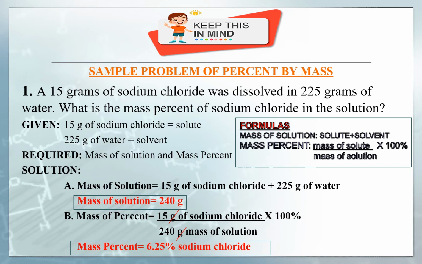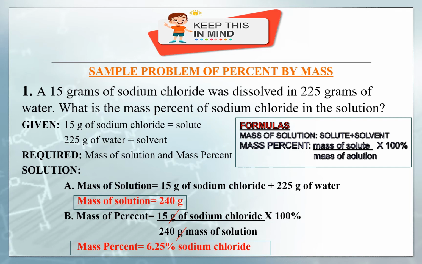Now, since mass of solution is available, we can find the mass percent. Remember, mass percent is the mass of solute divided by the mass of solution times 100%. So the value of mass of solute is 15 grams of sodium chloride, divided by the mass of solution, which is 240 grams, times 100%.